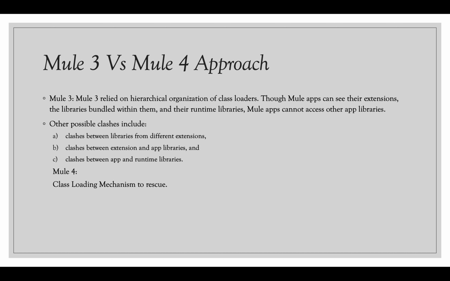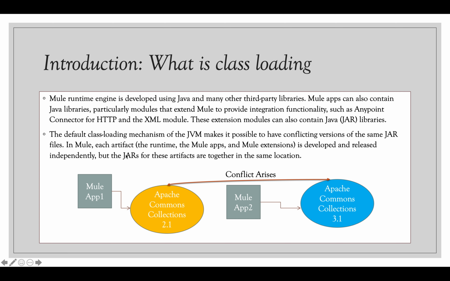Because of this, there are possible clashes between different forms, like between the libraries from different extensions, between extension and app libraries, and between app and the runtime libraries. What I mean to say is if we are maintaining, let's say, these two versions of Apache Commons Collections, 2.1 and 3.1 can be a reason of conflict.